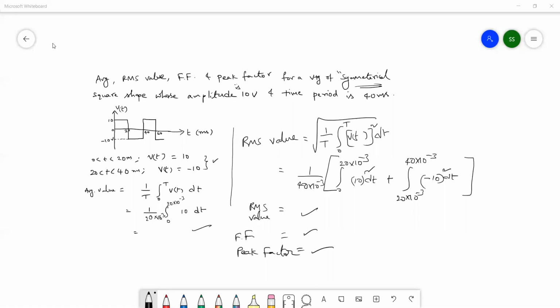And keep the heading as phasor representation.